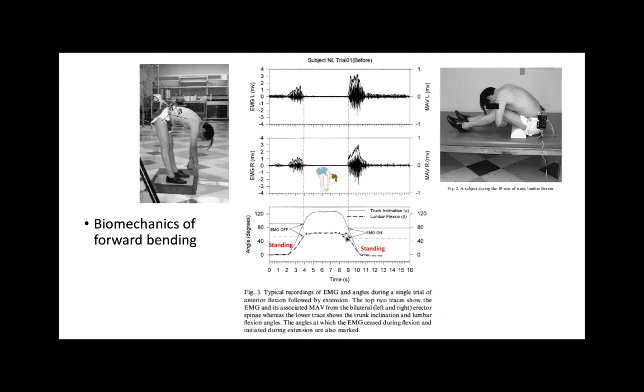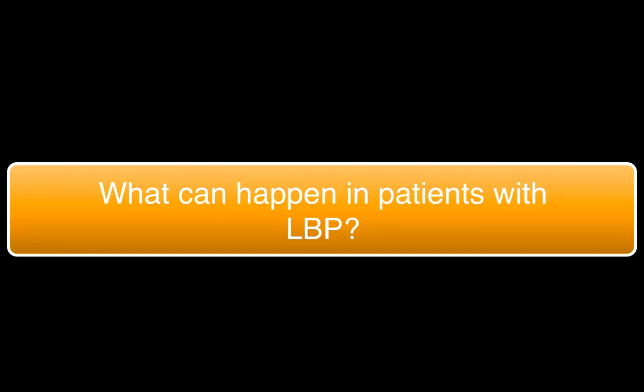When they come back to upright, the active contractile component of the muscle is recruited again, and we can see that here in the EMG. So what this is telling us is that the mechanism where the load is the highest is well handled by the passive elements of the muscle.